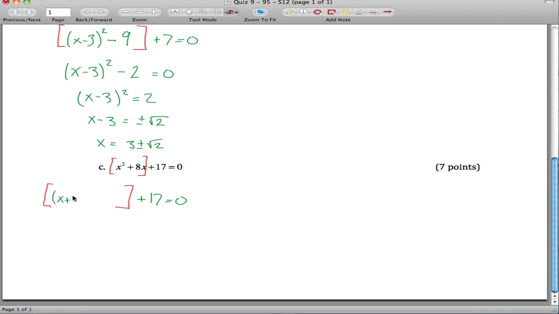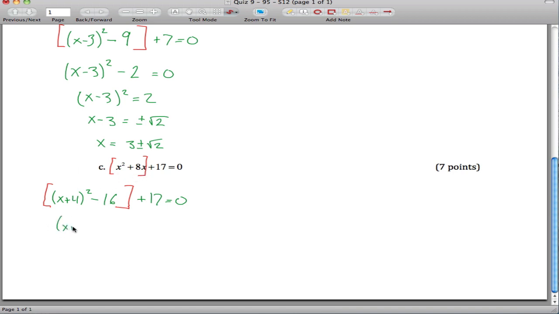I can get there by cutting this 8 in half and putting it here to get x plus 4. And then subtracting this number squared, which is 16. And again, the reason that works is because x plus 4 squared is x squared plus 8x plus 16. If we subtract 16, we get x squared plus 8x plus 16 minus 16, which is x squared plus 8x.